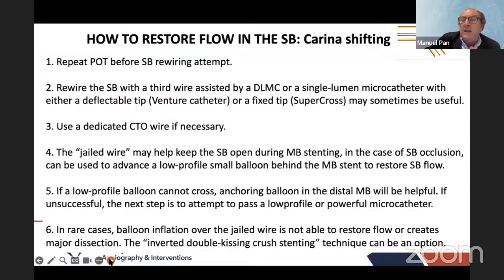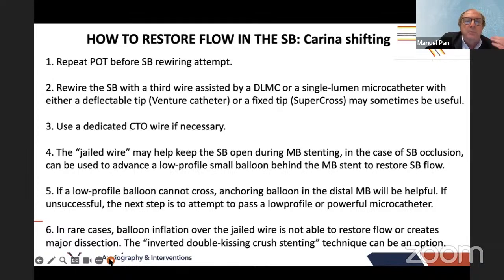In case of carina shifting, the rules for normal bifurcation, previously published in several consensus documents, are summarized in this slide. I don't want to insist because it's well known.